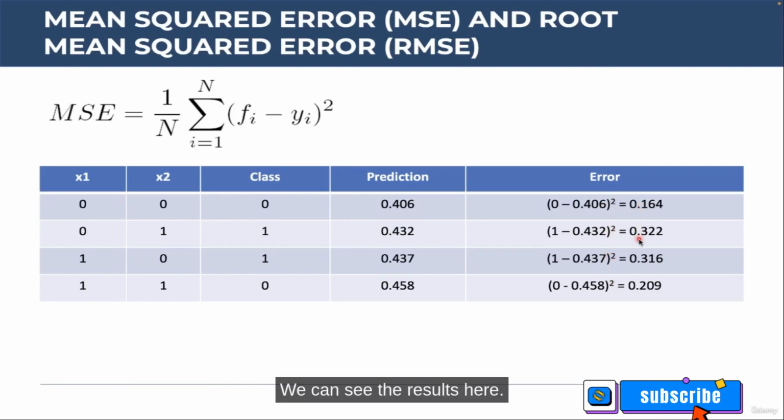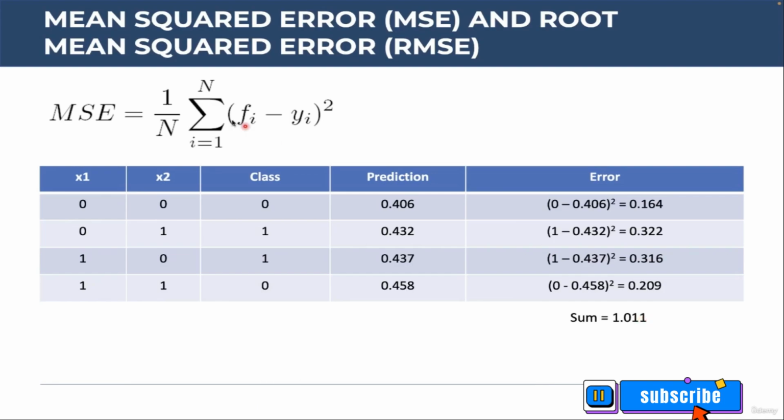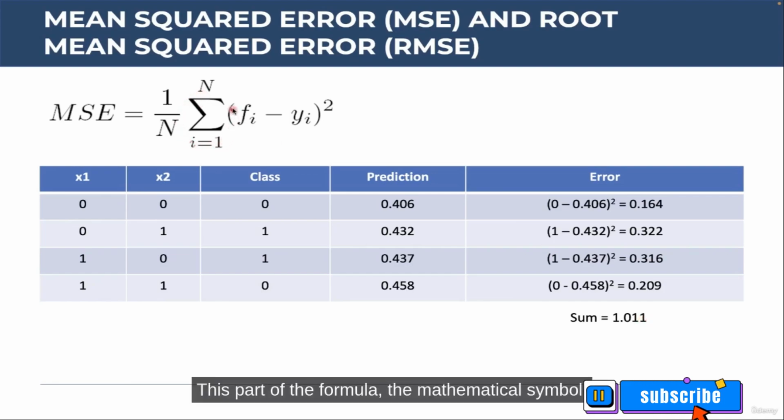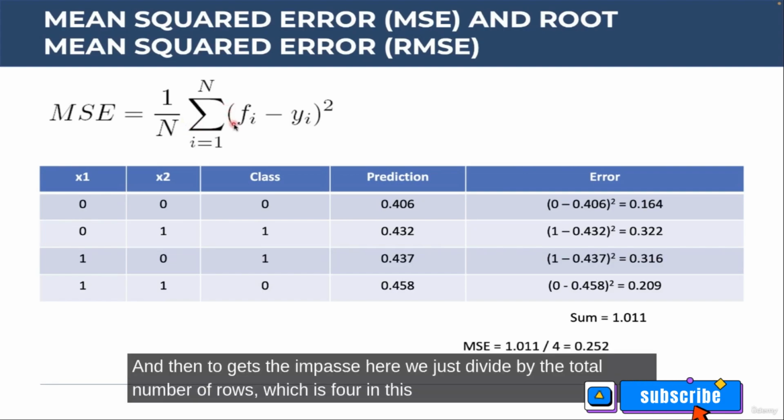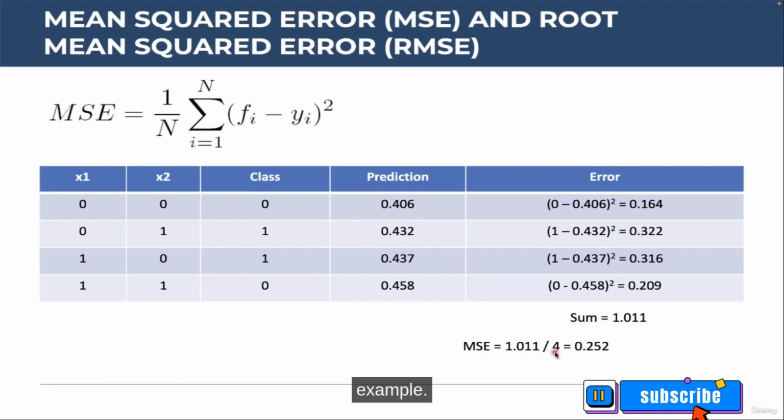We can see the results here. The sum of all the values is 1.011. This part of the formula, the mathematical symbol, and then to get the MSE, we just divide by the total number of rows, which is 4 in this example.